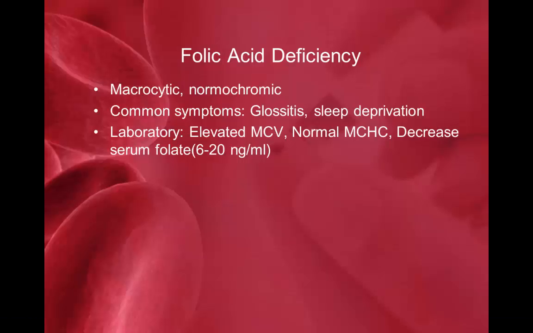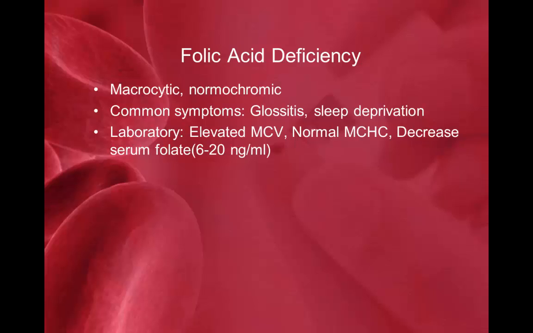Then we have the folic acid deficiency, which is also a macrocytic normochromic type of anemia. Folic acid deficiency is most commonly due to inadequate intake or malabsorption of folic acid. Most common symptoms are fatigue, dyspnea on exertion, pallor, headache, the same as the other.